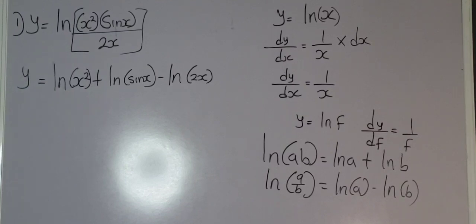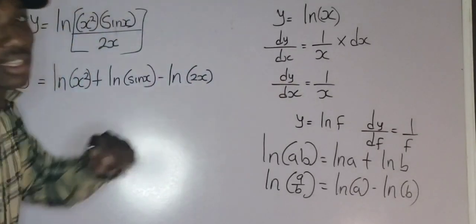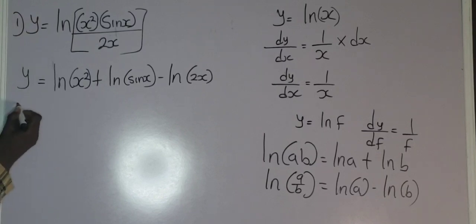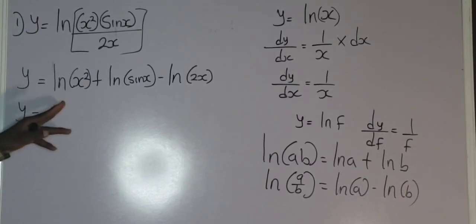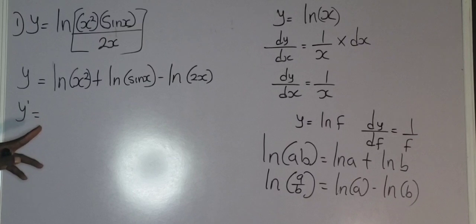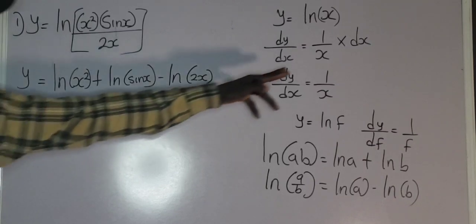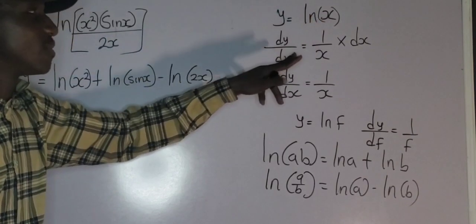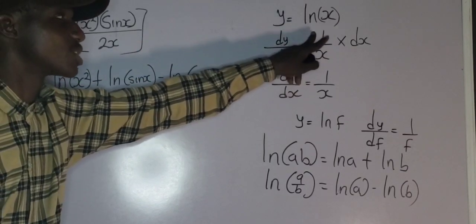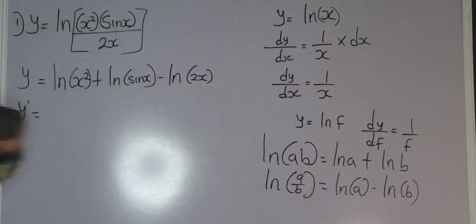The next step is that I'm going to apply this rule. Are you getting what I'm saying? So, to differentiate, the derivative of y (this sign means derivative, okay?) is equals to, don't forget, the first step: we take the inverse of the function inside the bracket according to this rule. For y equals ln x, first I take the function inside the bracket. Please, I want you to master it.